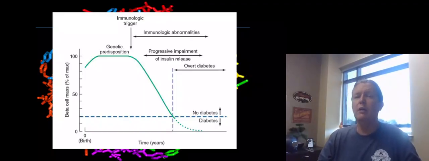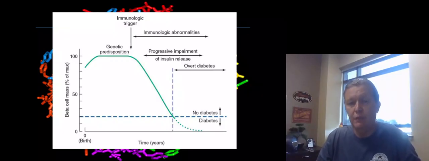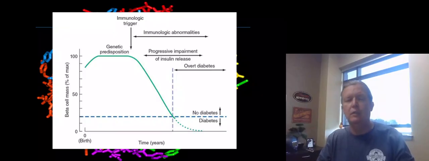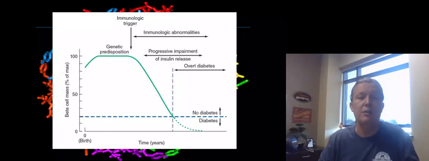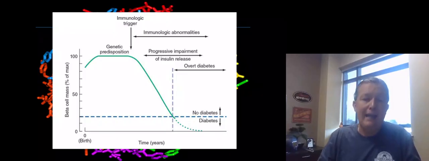And as I mentioned earlier, suppose, for example, that a family gives birth to a child who has a patent ductus arteriosus or a ventricular septal defect or transposition of the great vessels, something that requires cardiovascular or major surgery within the first month or two of life. If that's the case, that could be an immunologic trigger that activates this genetic predisposition.